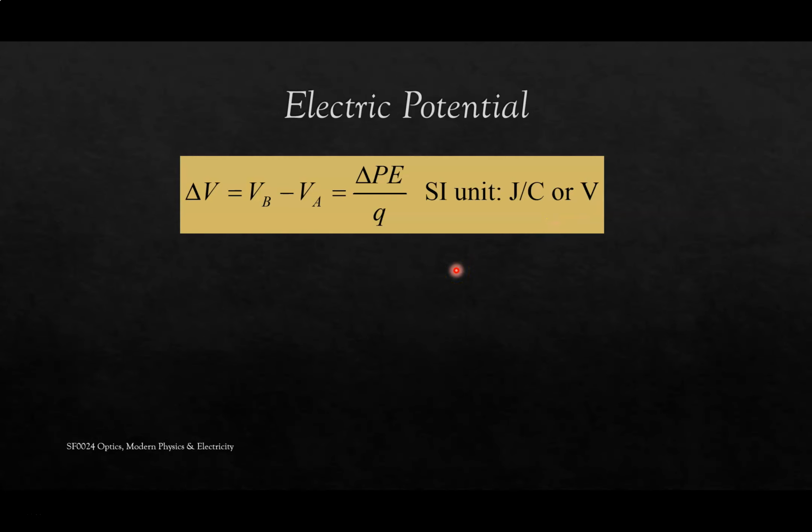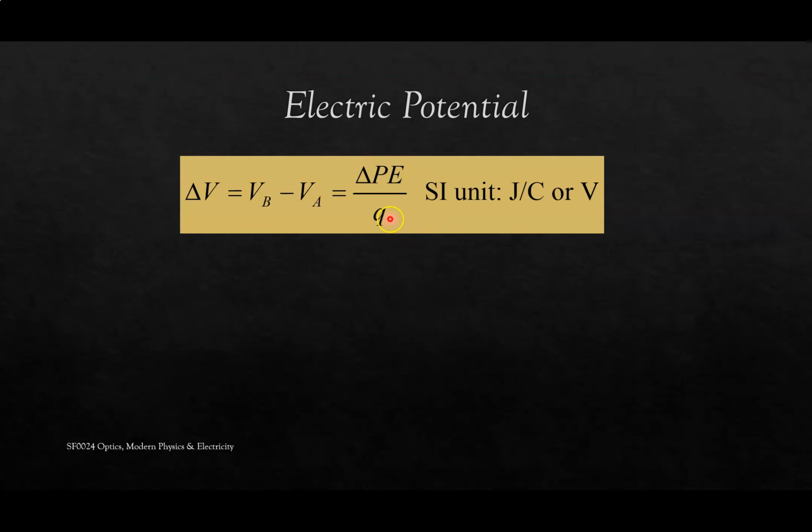Because the electric potential energy is a scalar quantity, electric potential is also a scalar quantity. From this equation, you can see the electric potential difference is a measure of the change in electric potential energy per unit charge.